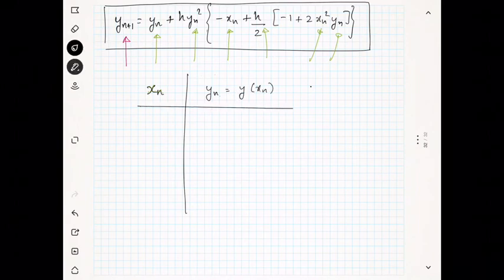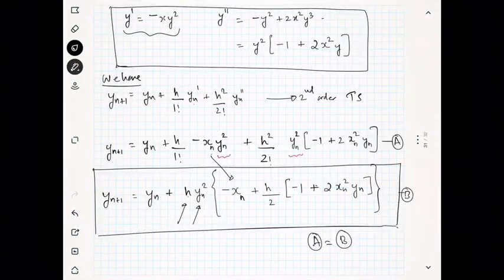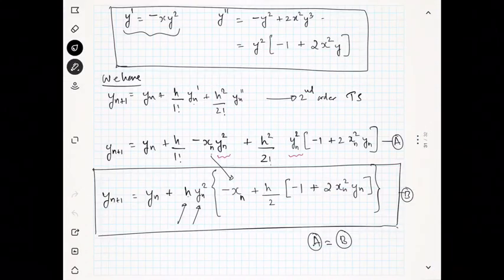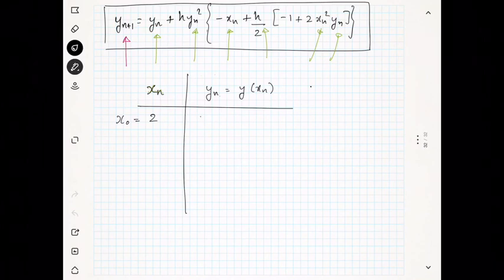Now it is given the initial value x_0 is equal to 2. In the initial value it is given that y_0 is equal to 1, right? So it is given here, and we will use this term. You know that y_0 equals 1.